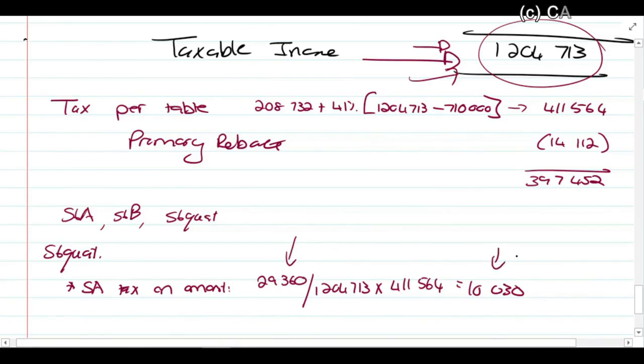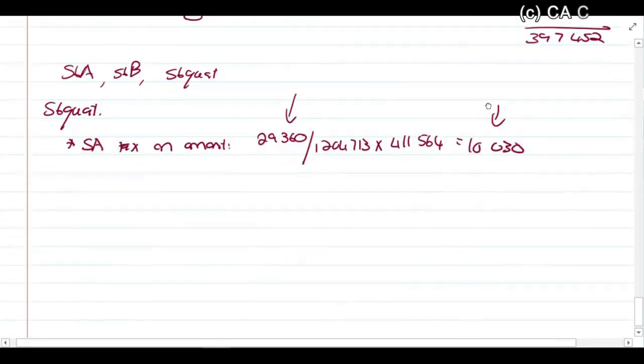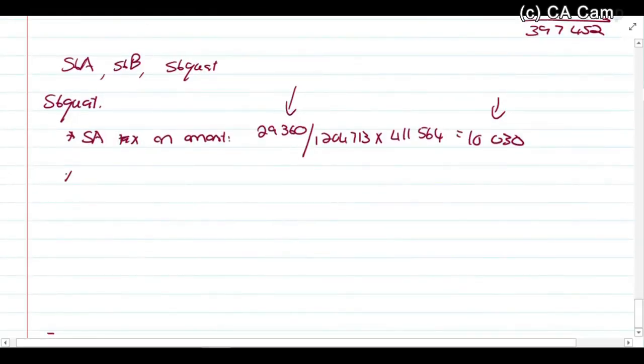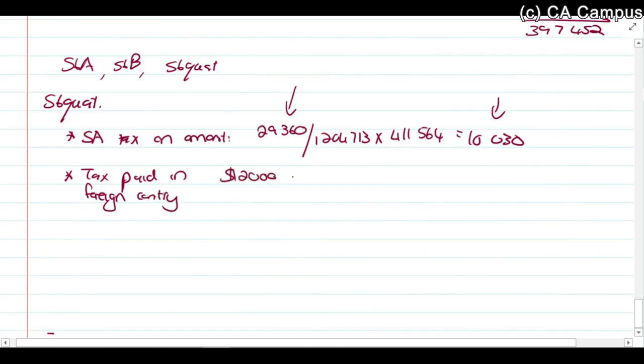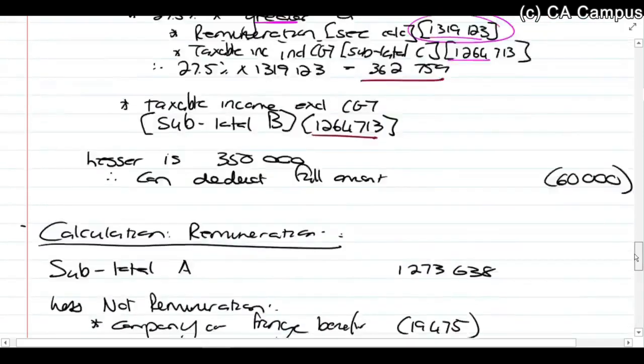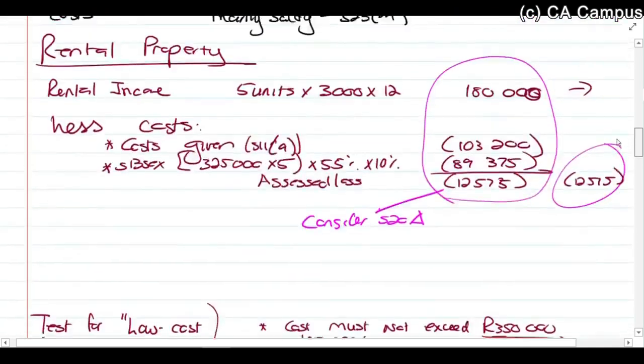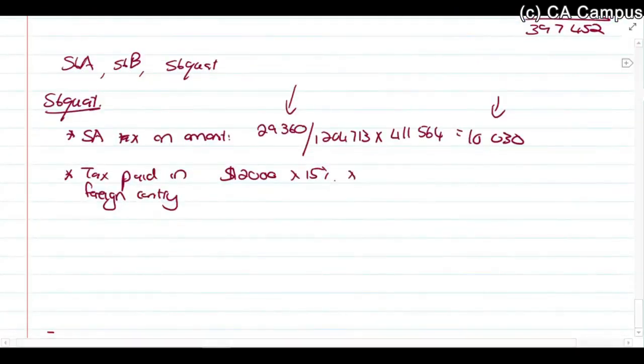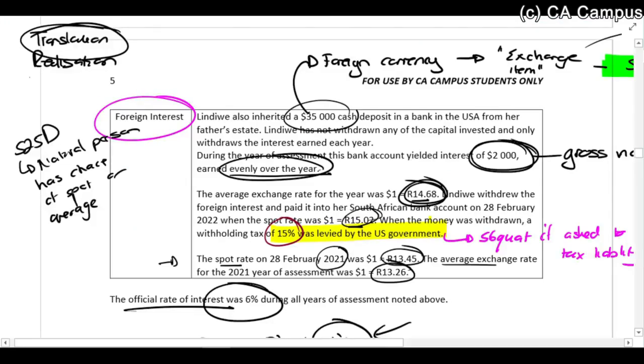Okay, so how much tax then did we pay on this in America? So tax paid in the foreign country. Okay, it was $2,000, 15% of that. Now we have to translate that to rands. Now section 6quat tells us that you have to translate that using the average exchange rate. You don't have a choice.